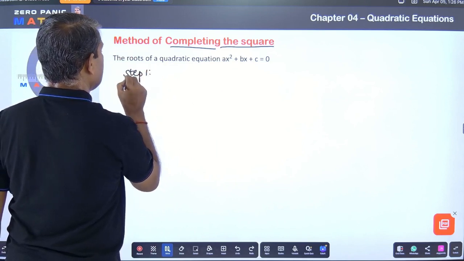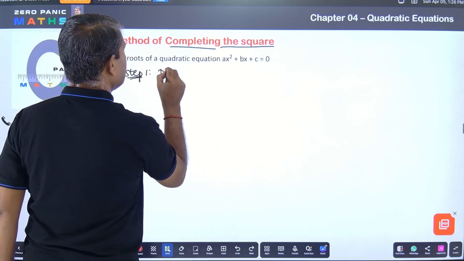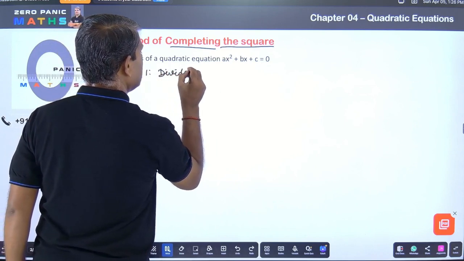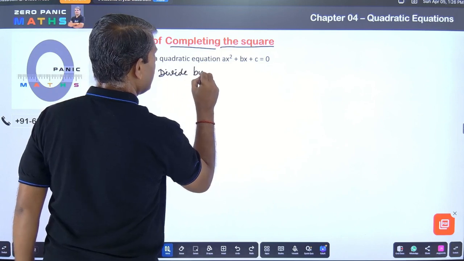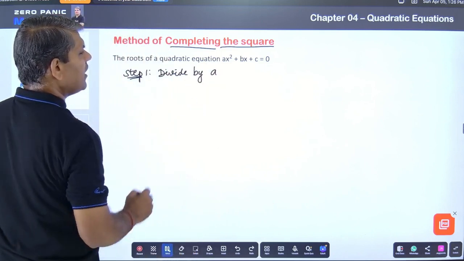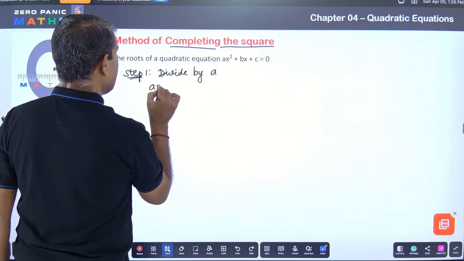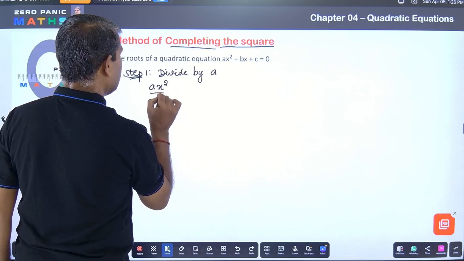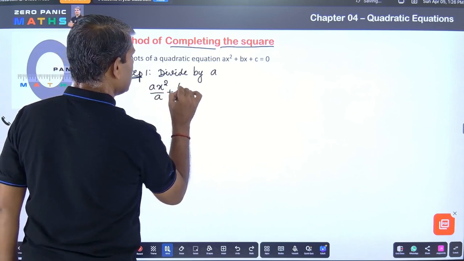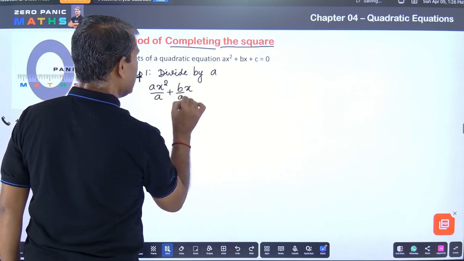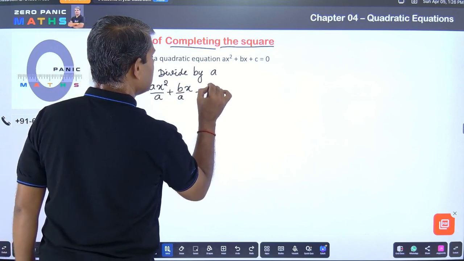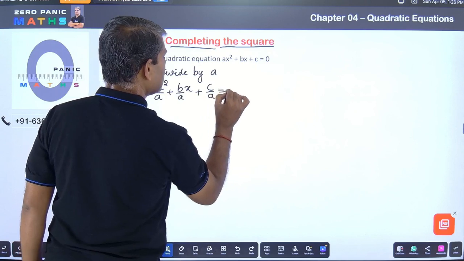Step one: divide by a. Dividing by a gives us ax square divided by a plus bx divided by a plus c by a is equal to 0.